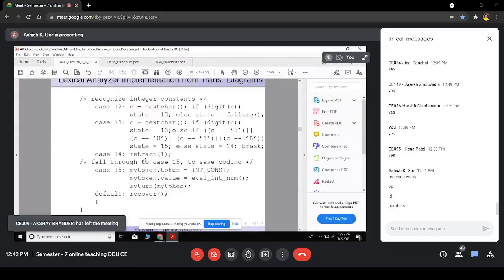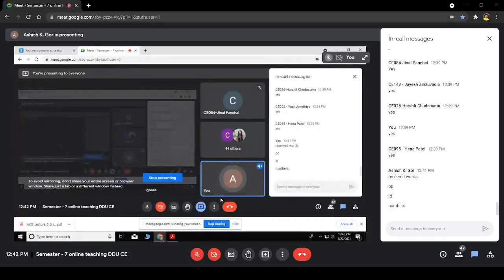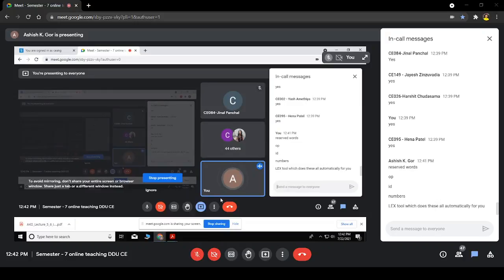You need to use this to do the scanning and tokenization. And that's why you are learning the Lex tool, which does all these things automatically for you. Now are you getting the insides of the Lex tool?